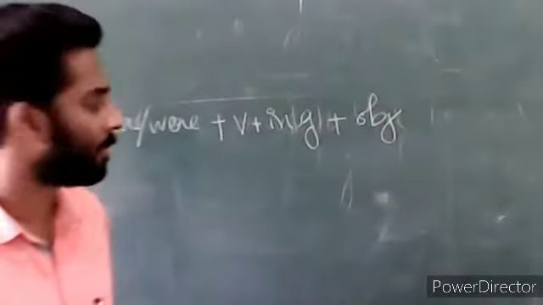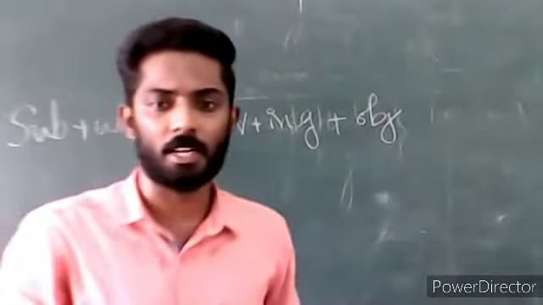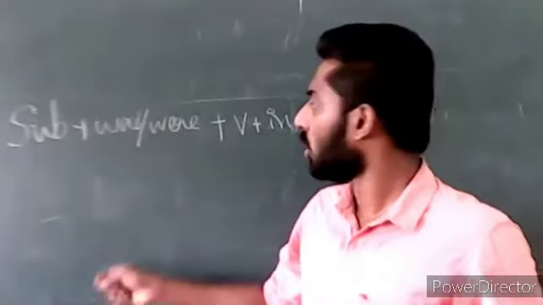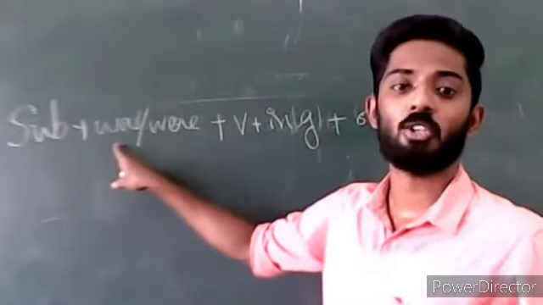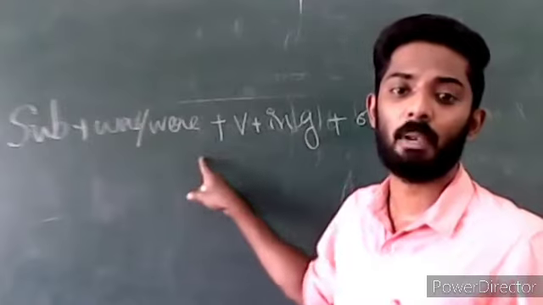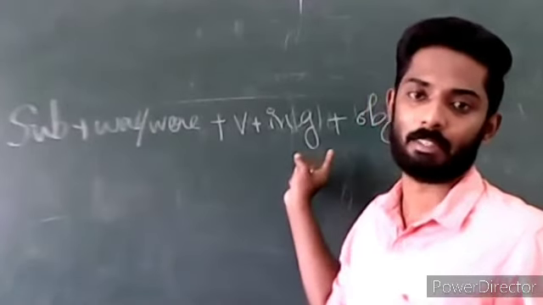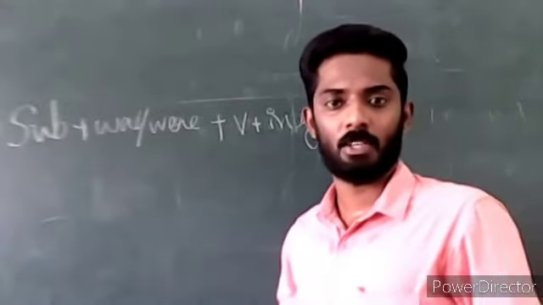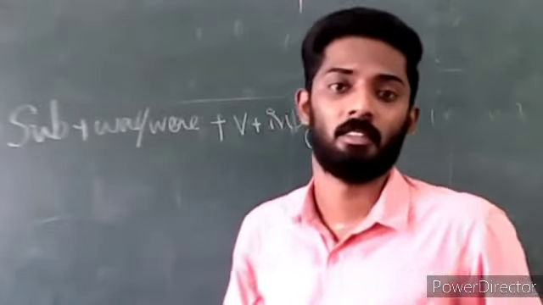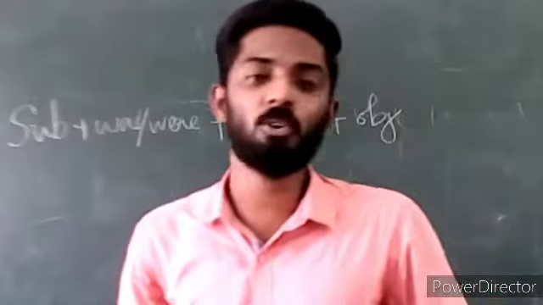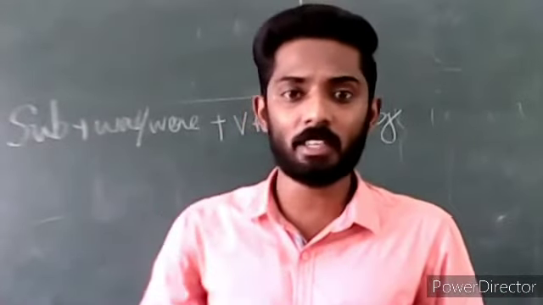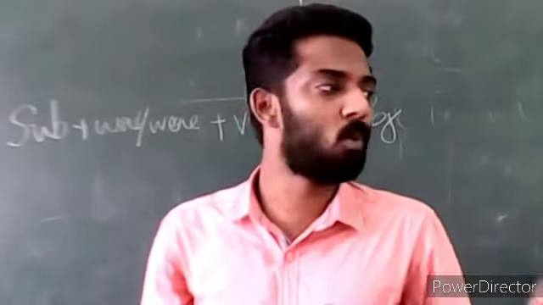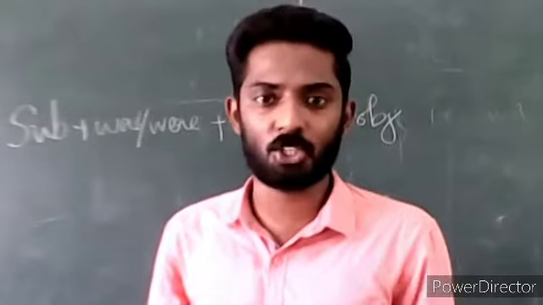So here, this is the structure of the sentence. Subject plus was or were plus verb plus ing plus object. For example, he was riding a car, he was writing a letter, or she was riding a bicycle, or I was teaching English.